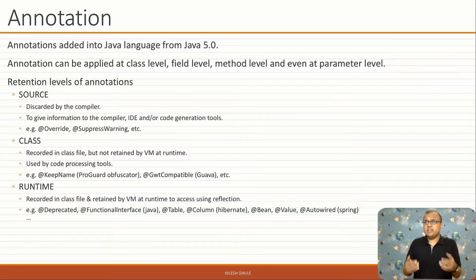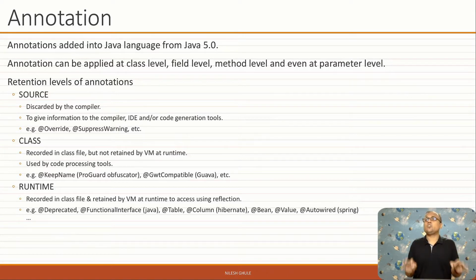You can see that it is working similar to comments. You cannot use any Java decompiler to check which source level annotations were present in the .java file. The most popular annotations from this category are @Override and @SuppressWarnings.